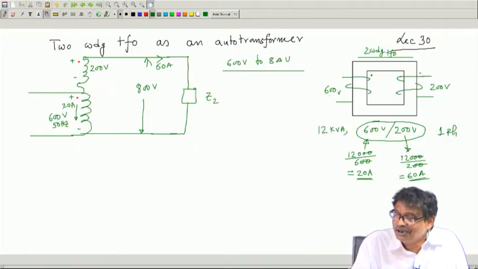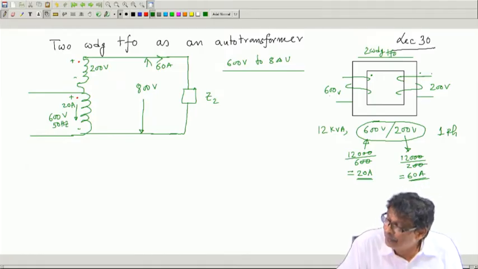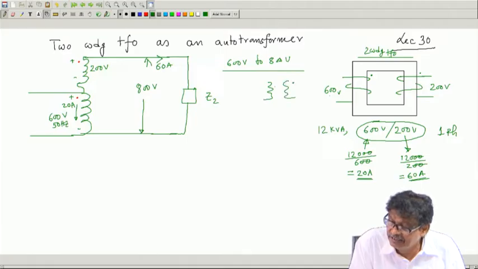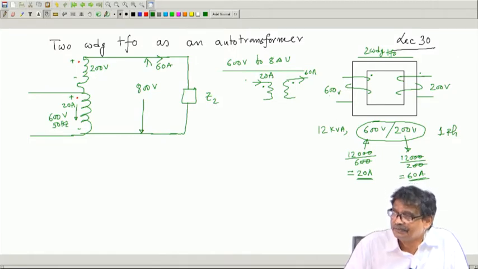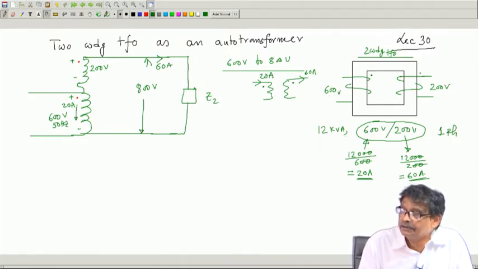This I know from my two winding transformer. Whenever this is dot, this fellow carries 60 ampere rated current, this will draw 20 ampere. Ideal transformer consider first, it will draw 20 ampere.